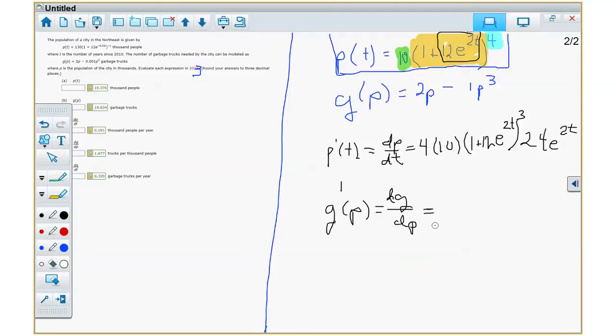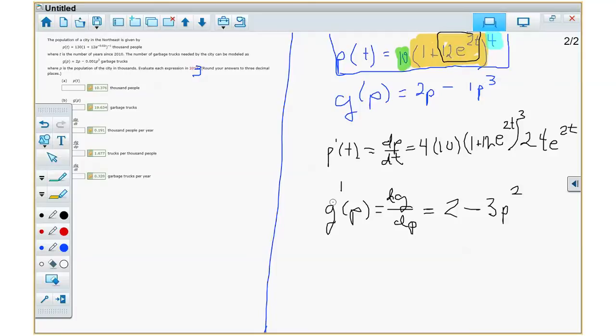And that's going to be 2 minus 3p squared. Now go over here and take the derivative of this guy, doing it just like this. Took the derivative of 2p. The derivative of 2p is 2.